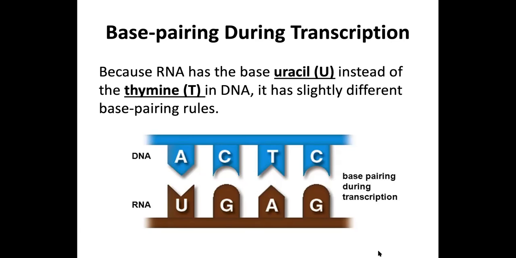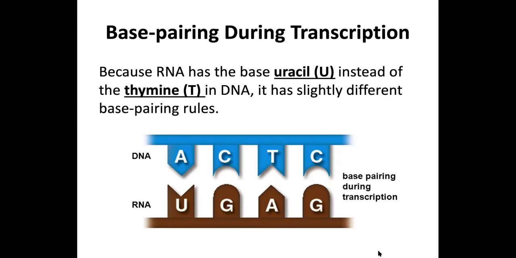If we have a strand of DNA, A is now going to pair to what? U, because this is RNA. C is still going to pair to G. T is still going to pair to A, because the T is only found in the DNA.